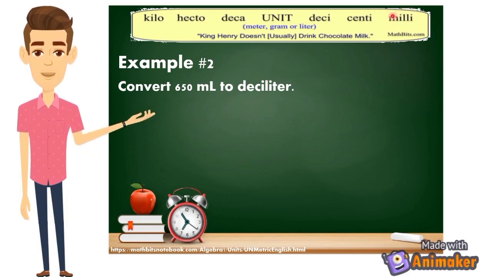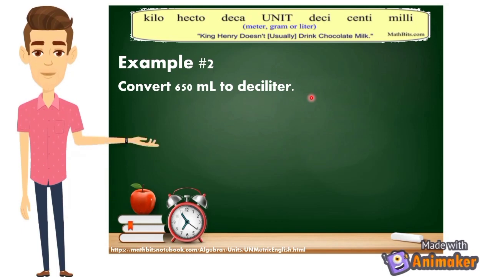And convert natin siya sa deci. So, ilang place tayo magmo-move from milli. So, bilang tayo, centi, deci, ay nasa pangalawa. So, therefore, magmo-move tayo ng dalawang places going to the left. Papunta po sa kaliwa ang movement natin.